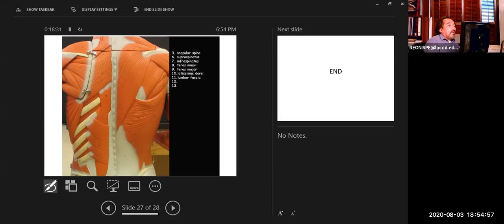It's going to be the infraspinatus. And I know this is a teres minor. This is the major because the triceps brachii goes in between the two. Okay, so that finishes up our upper extremity, and we're just going to be doing the lower extremity.